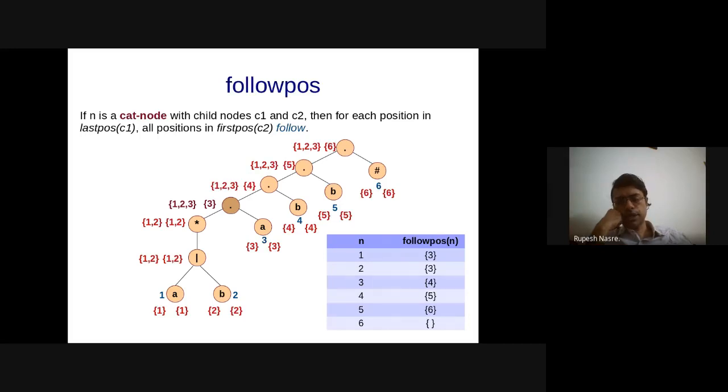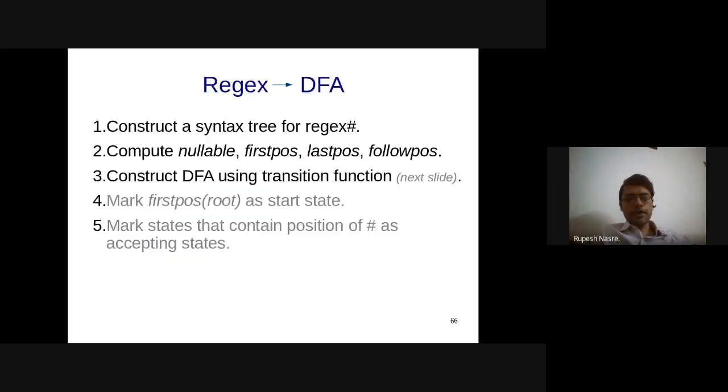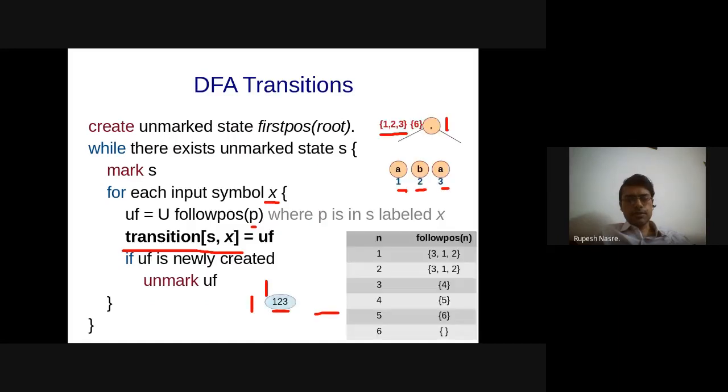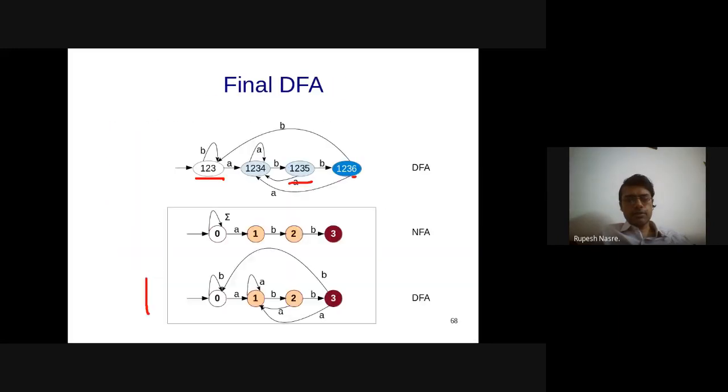No, we won't add sharp symbol to the root node. So Nama's question is, do we add the sharp symbol to the root node? No. We'll add concatenation of the sharp symbol to the root node as the right subtree, similar to what we have done here. Let me just go to our example.